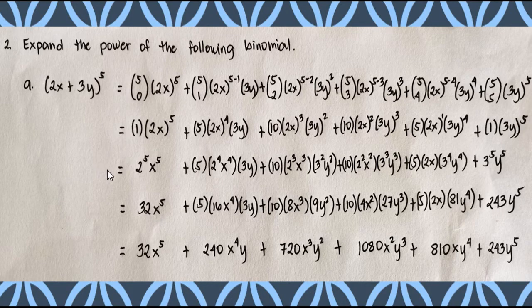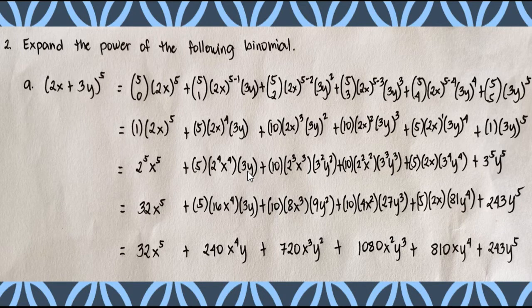Then, i-simplify na po natong further. Ang exponent, since naka-quantity man ta, i-distribute na sa kada coefficient. So, 2 to the power of 5, x to the power of 5, plus 5, ang 4 pod, i-distribute sa kada coefficient. 3y, wala man siya power, 1 raman ang power.